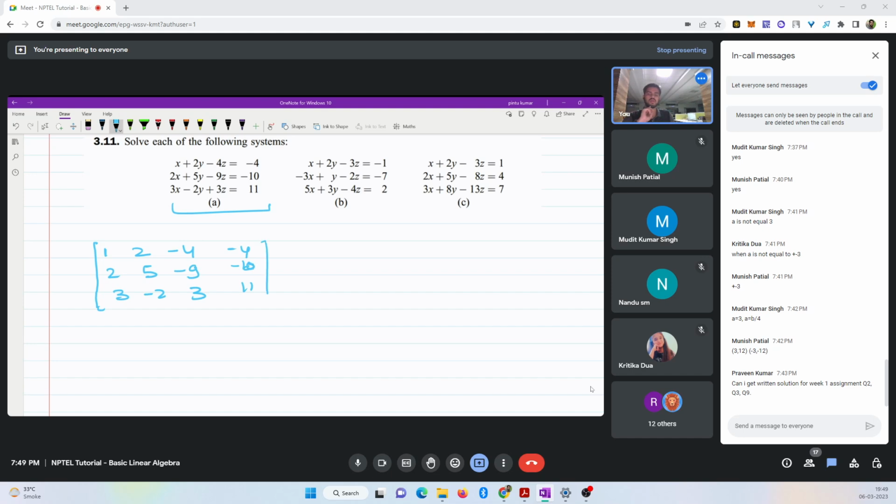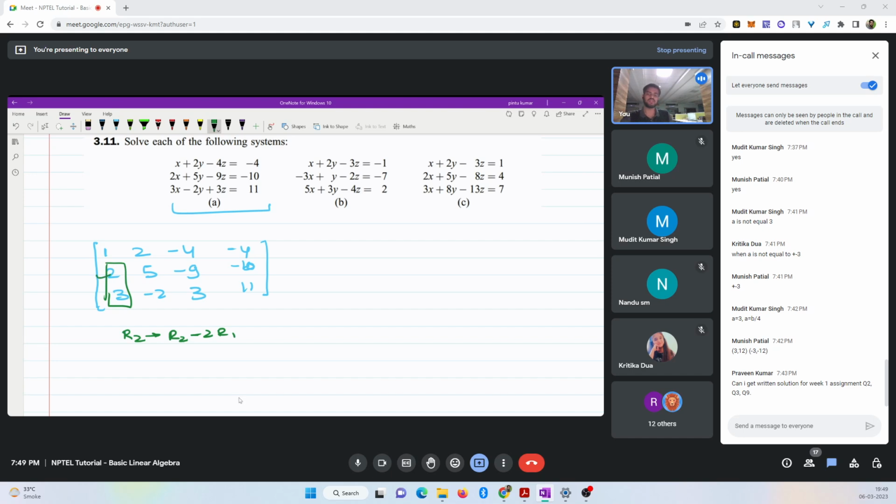Okay. So the first operation that I'll do is R2 goes to R2 minus 2 times R1, because I want every element below this to be 0.